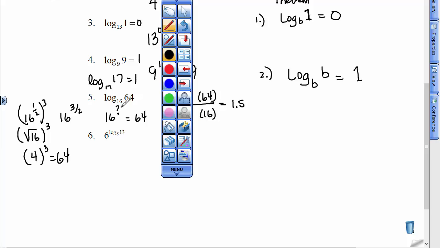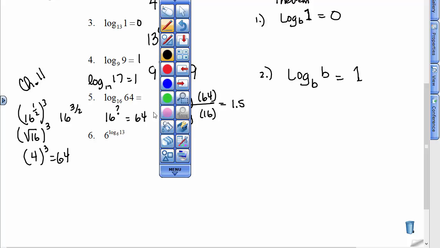So I kind of knew the answer to this problem was 3/2 or 1.5, because in my mind I could envision taking the square root of 16, getting 4 and cubing it and getting 64. This topic was chapter 11, and I may have had you watch my chapter 11 videos to get you ready for these thoughts. Not that we're going to use them that much.